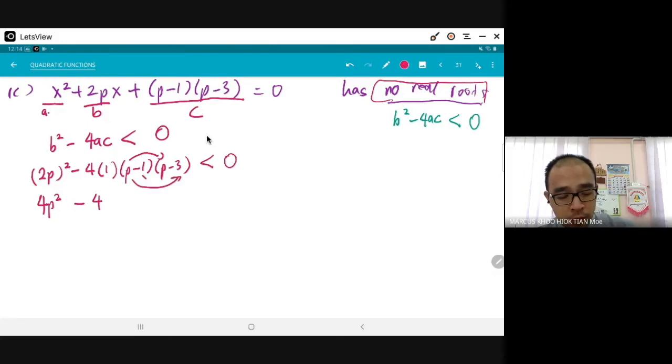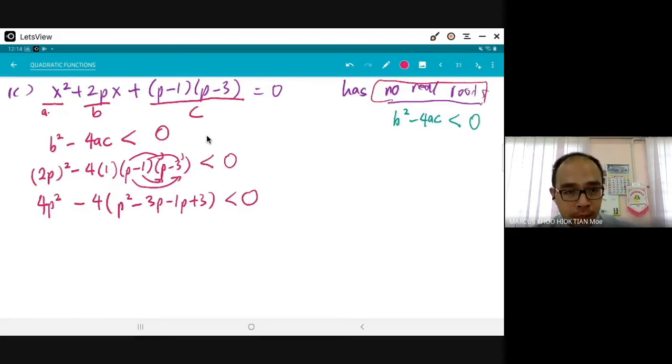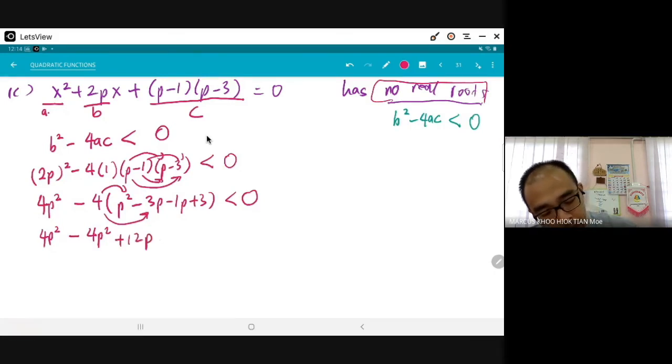This kurungan sangat rumit, kan? Okay, so p squared minus 3p minus 1p plus 3 kurang dari kosong. Okay, then 4p squared minus 4p squared, setiap satu saya darab masuk. Okay, so plus 12p plus 4p minus 12 less than 0.